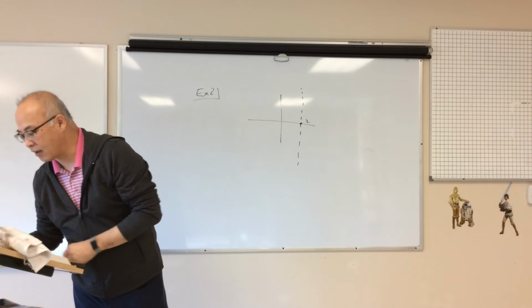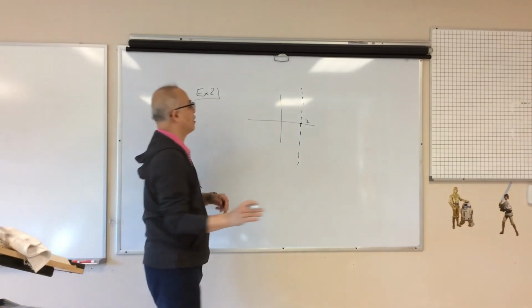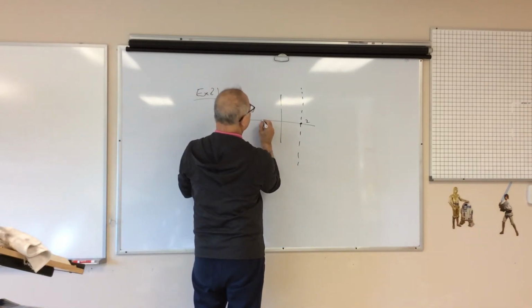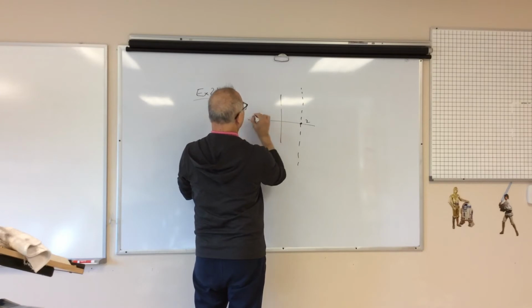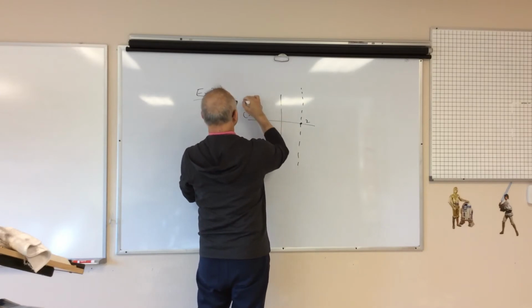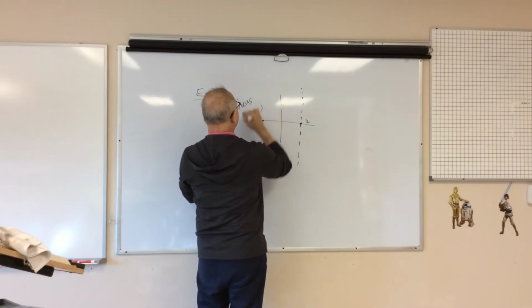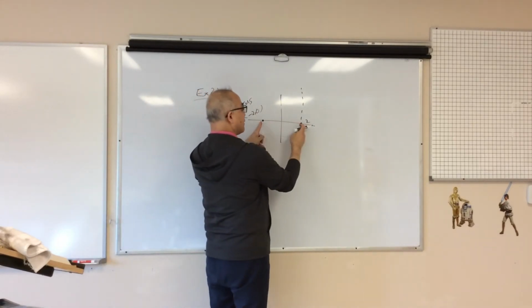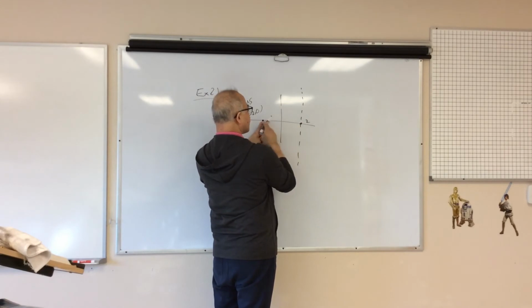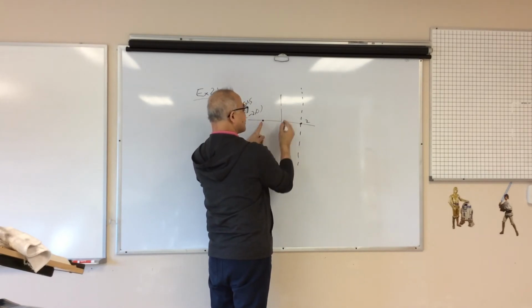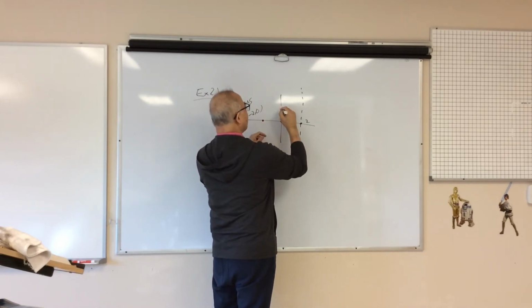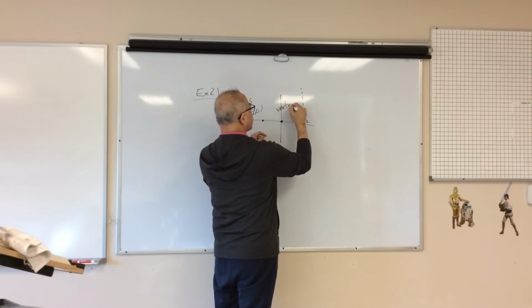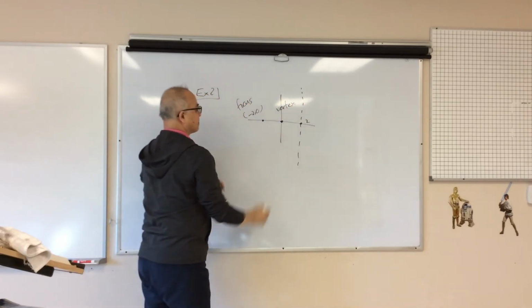And the focus is -2, 0. This is the focus. So by definition, the vertex has to be the midpoint of the directrix and the focus. So here is the vertex. So I know for sure that this is the vertex.